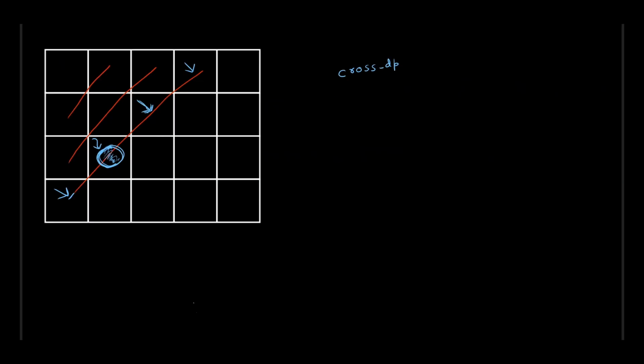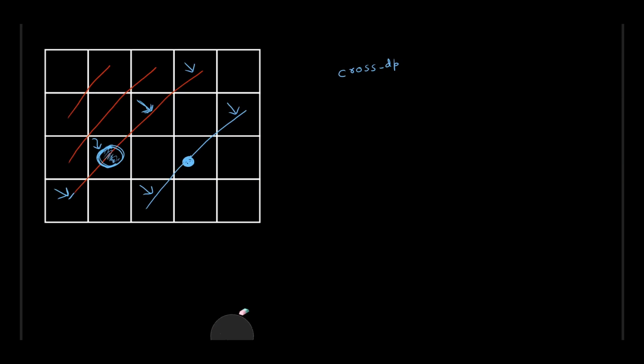And now we know that if you don't cross through this element, then you will have to cross through one of the anti-diagonal elements, either this one or this one.